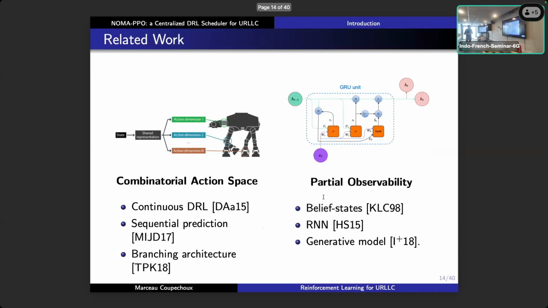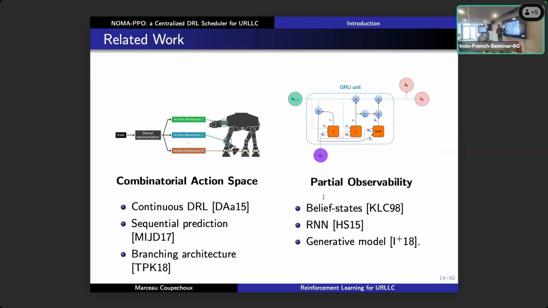Okay. So the two challenges are the combinatorial action space and the partial observability, as I said. Why a combinatorial action space? Because if you have n users, you have 2 to the power of n possible actions. So it's an exponential set. How can we deal with this?